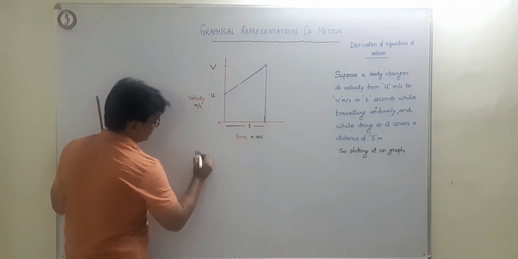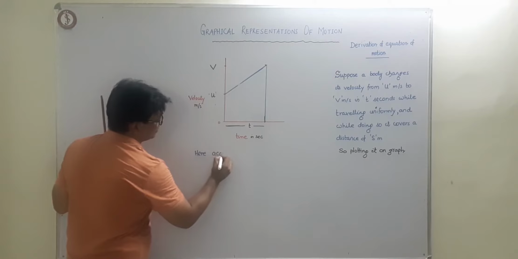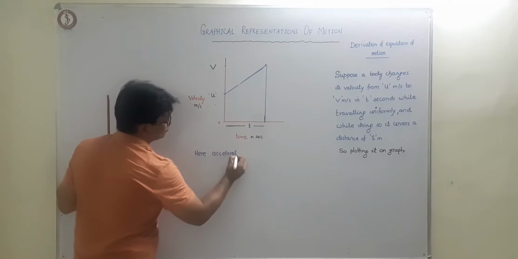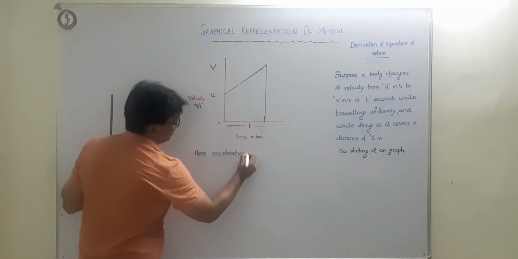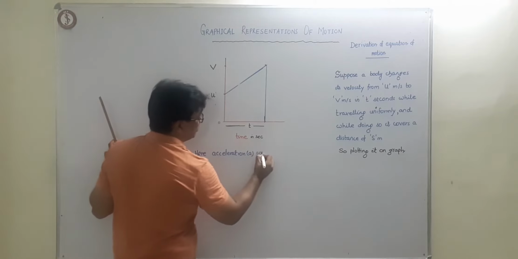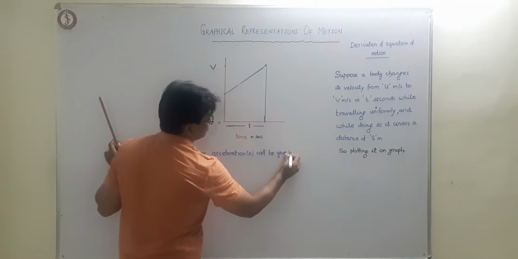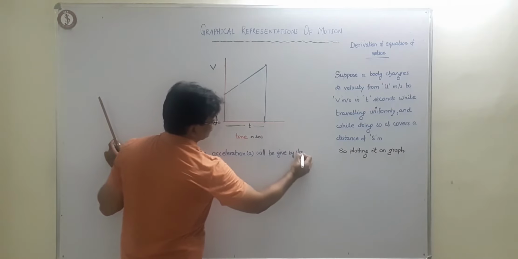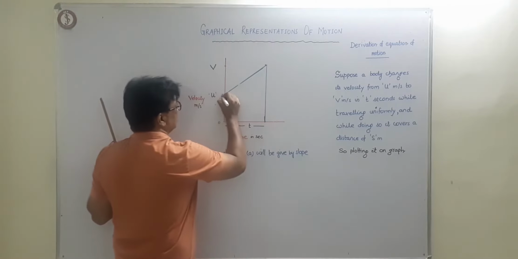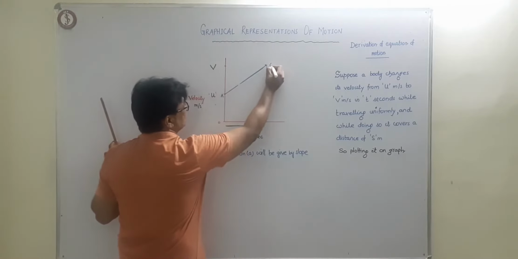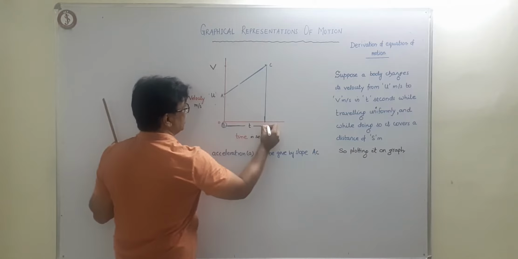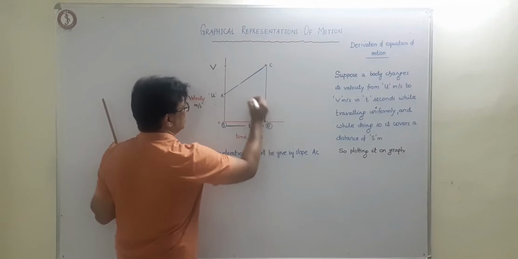But now we have to find out the acceleration. Acceleration A will be given by the slope AC. I put some alphabets also, A, C, D, something like that.